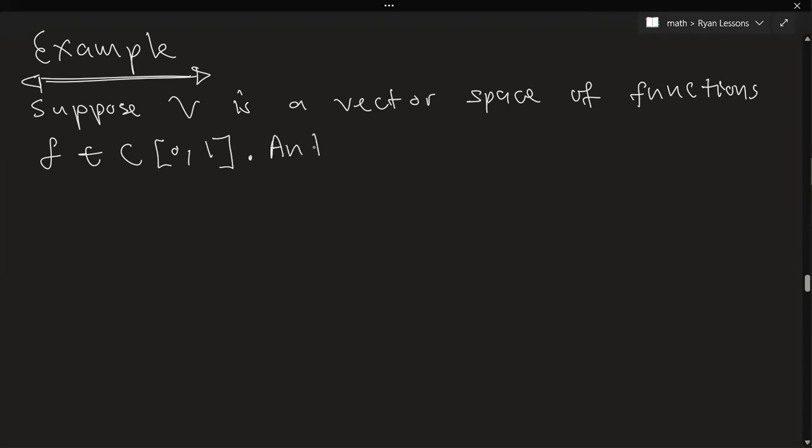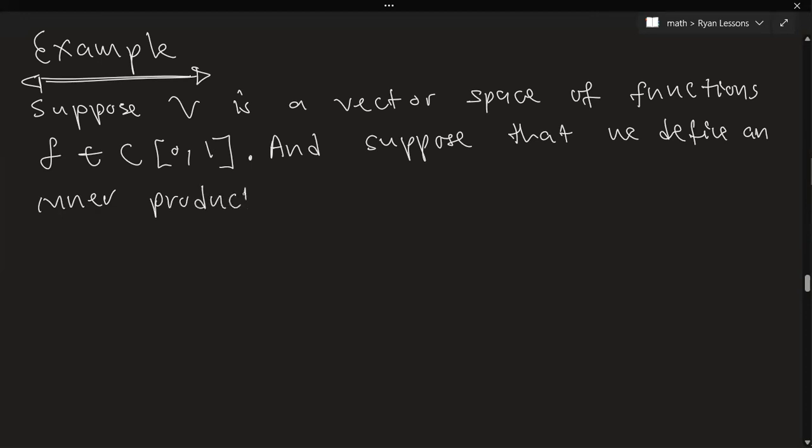And suppose that we define an inner product in V as below. So suppose the inner product in V is defined as below.